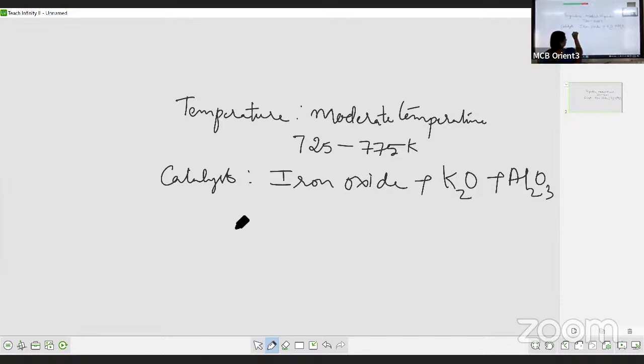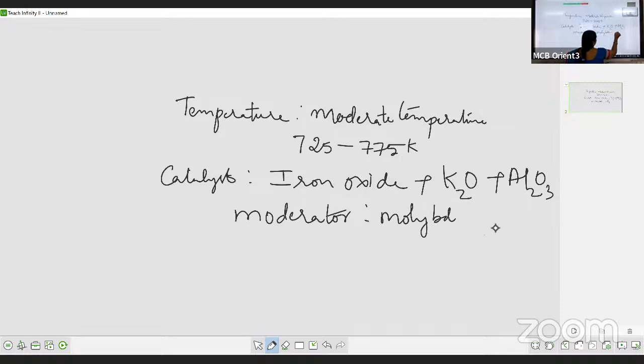Now here we are employing a moderator also. The moderator will be molybdenum. So for these conditions, how much was the pressure?